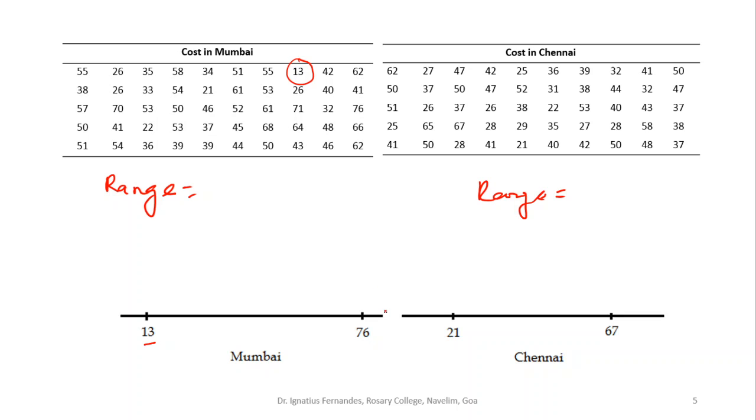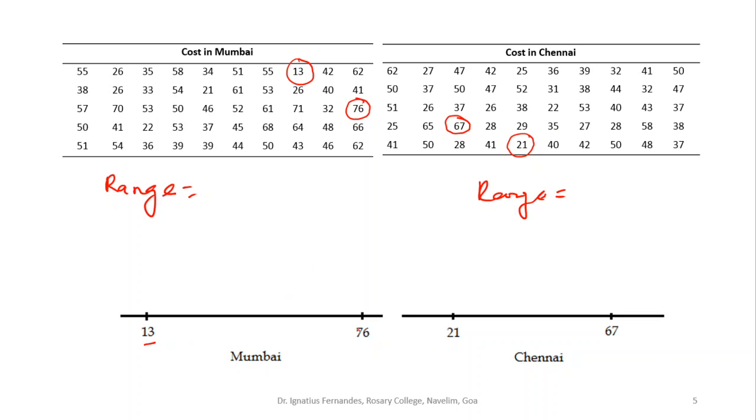Okay, this we also identified while we were putting this data into a frequency distribution. 76 is somewhere here. The same way for Chennai, the lowest value was 21 and the highest value was 67. Okay, so 21 is here, and 67 is here. These are the lowest and the highest values.